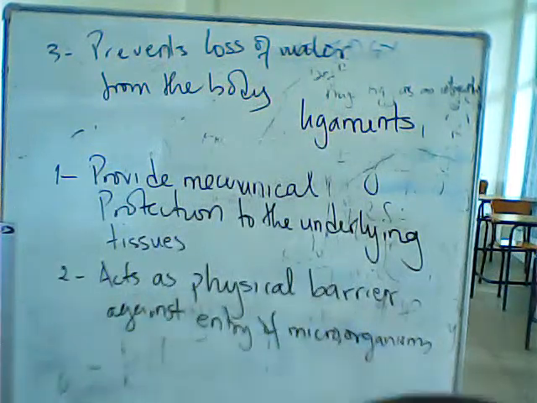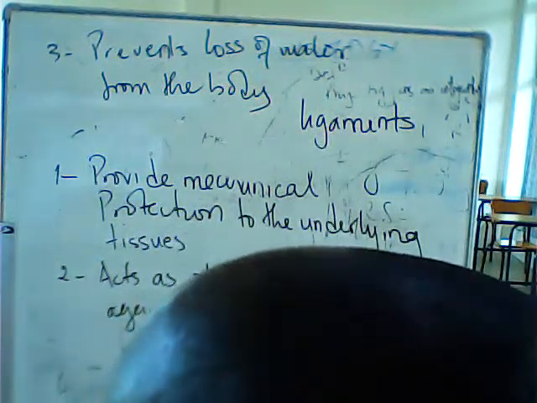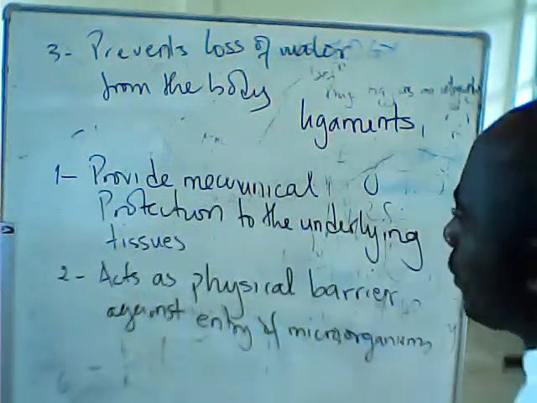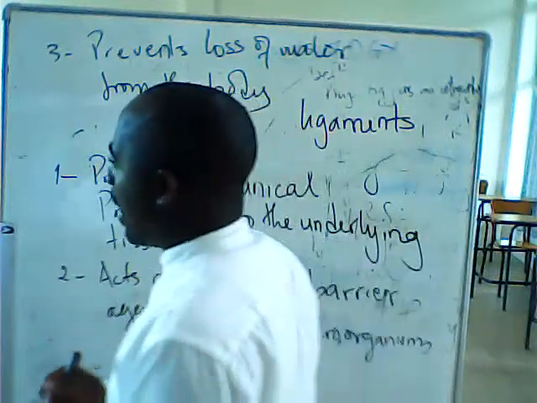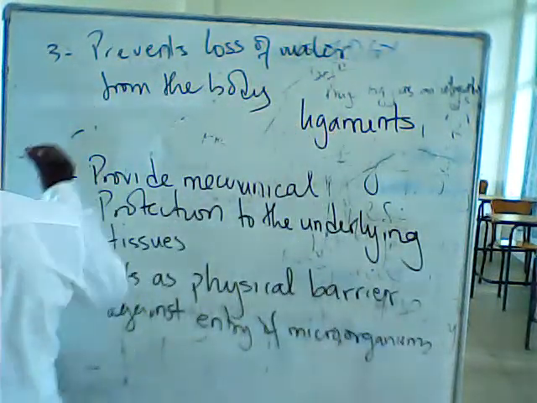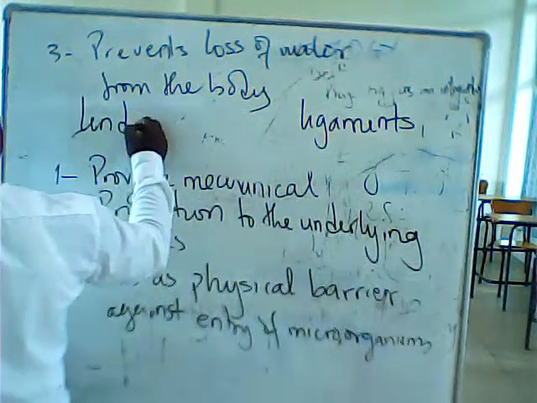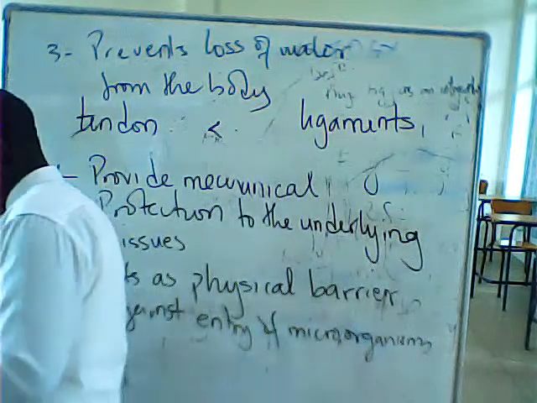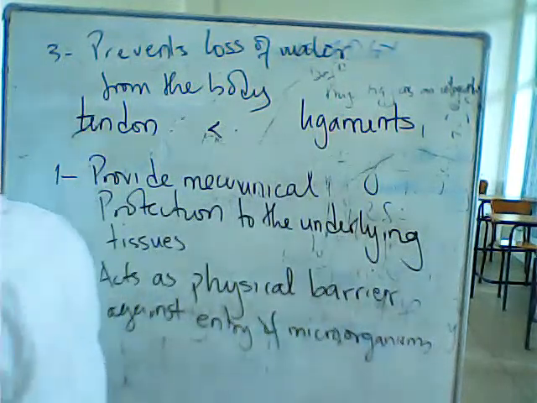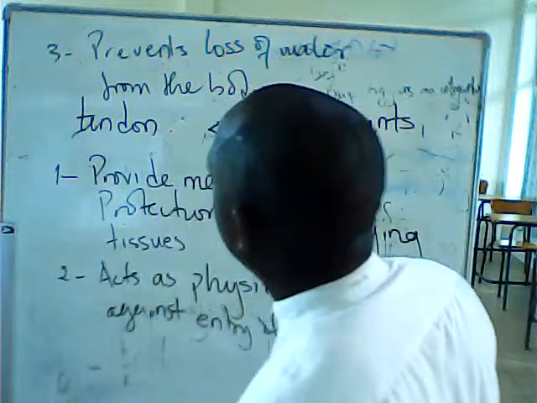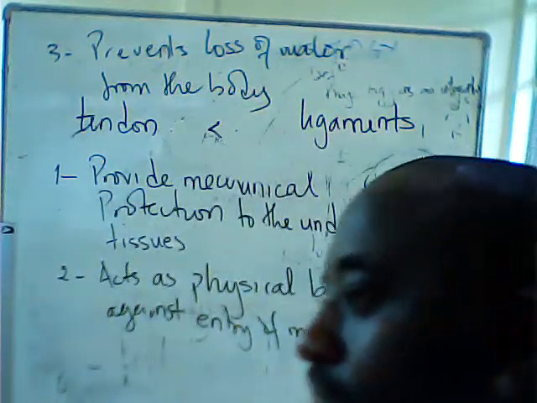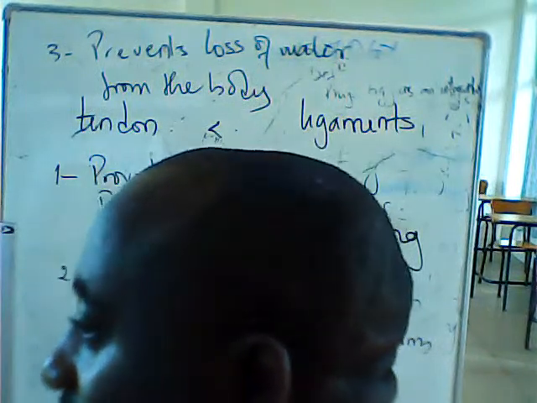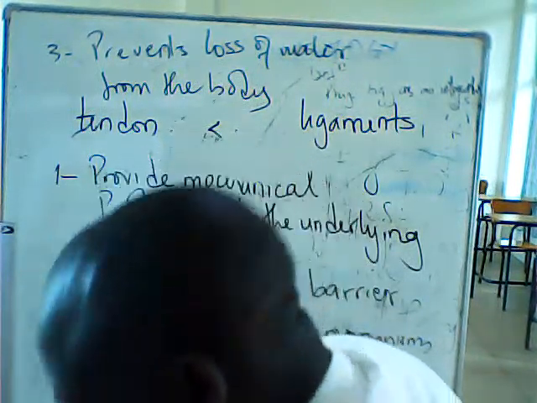Attached to these bones are muscles, okay, and muscles are attached to bones through another fibrous band called what? Tendon, okay. So then, what is the difference between a tendon and a ligament? A ligament attaches bone to bone, and a tendon attaches what?